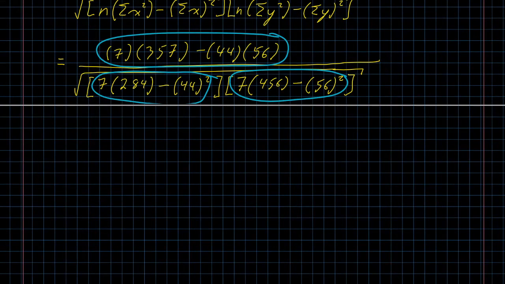And it saves me from having to trust my calculator to punch the whole thing in at once. Because quite frankly, I don't. I do not trust myself to type that much in without making a mistake. All right, but 7 times 357 minus 44 times 56, my calculator tells me is 35.